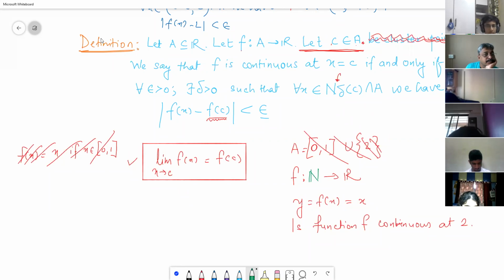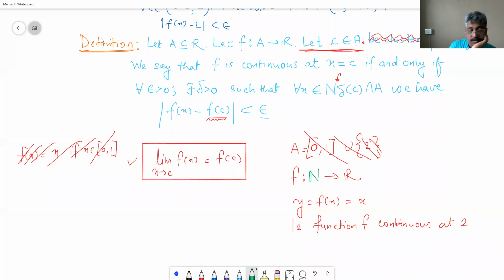Now, f is defined from R to R. f of x is equal to 2. Is it continuous at x is equal to 5?